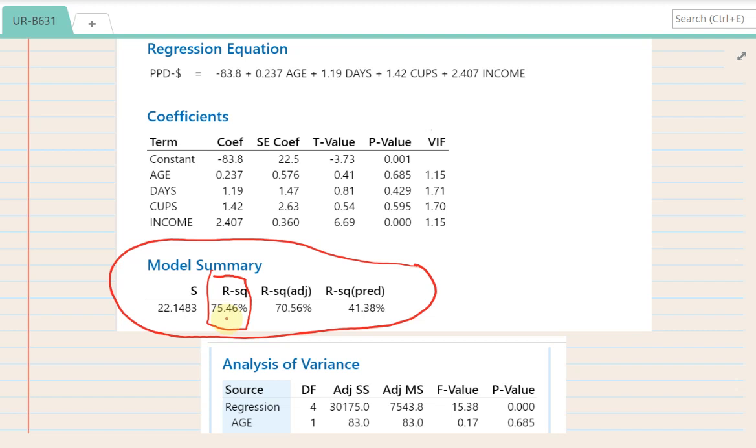What that means is 75% of the reason why people purchase different amounts of, let's say, Starbucks prepaid cards has to do with their age, how many times they go to Starbucks, how many cups of coffee they drink a day, and what is their income. The other almost 25%, we don't know. There are still 25% other reasons why people purchase different amounts of prepaid cards.